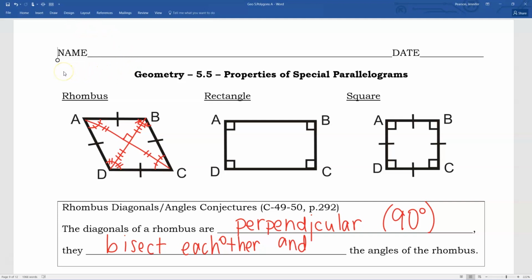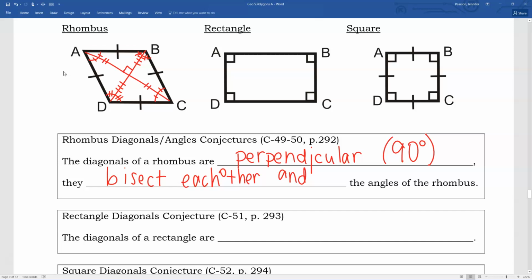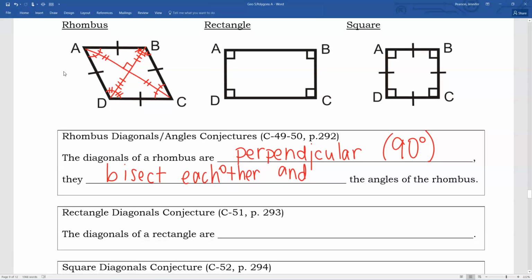Next, we have our rectangle. The diagonals of a rectangle are congruent and bisect each other.